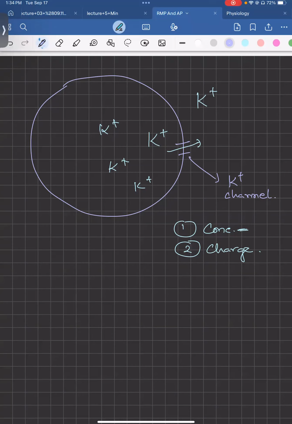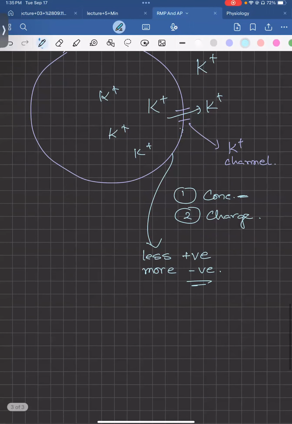That's fine. The more potassium that goes out, because potassium is a positive charge, the less positive the membrane is going to become. So the membrane becomes less positive, or the other way of saying it, more negative.